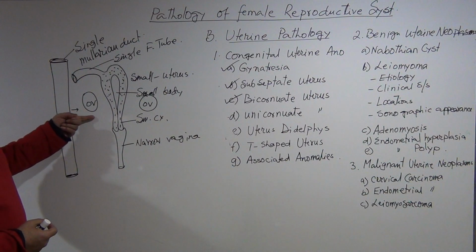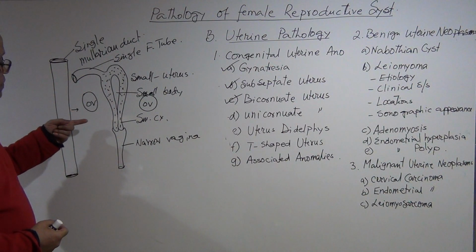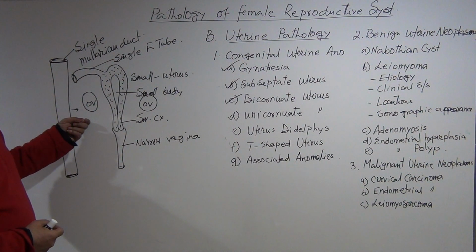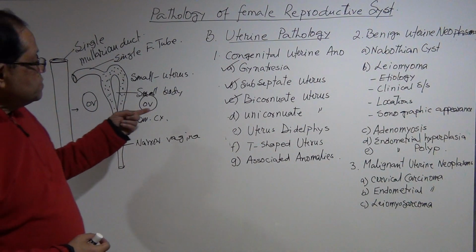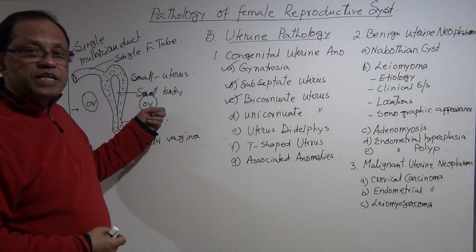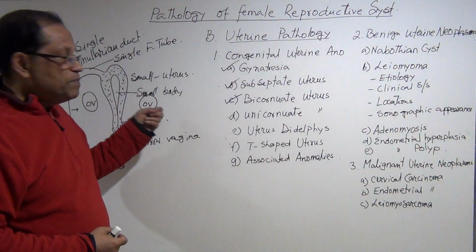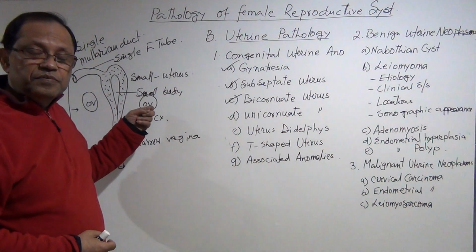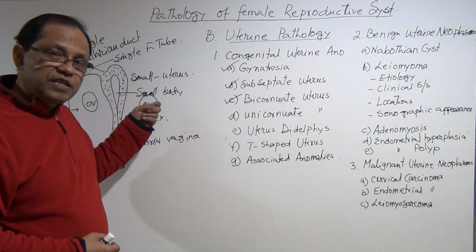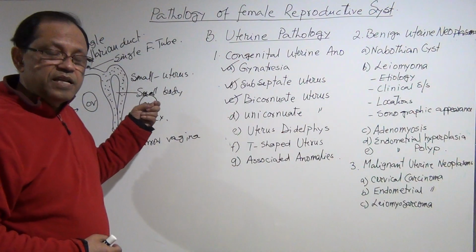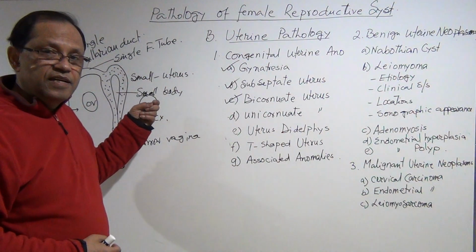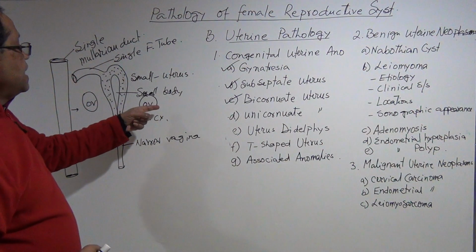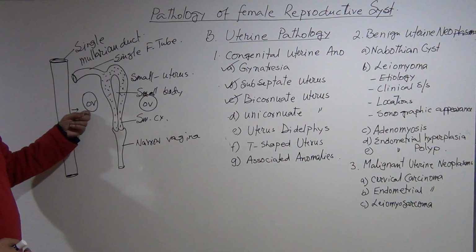Because if it is January, March, if the ovulation takes place here and the next month the ovulation takes place here, but there is no fallopian tube, so the chance of conception is zero here. Then next month, April is here, then May, there is another chance here.